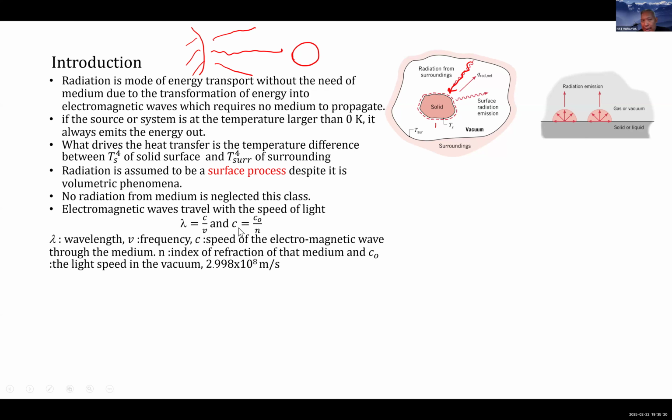Okay? c over here is the velocity of the wave, electromagnetic wave, traveling through the medium. We have to know that medium first. And those kinds of medium, they have a property which we call n, the index of refraction. Okay?